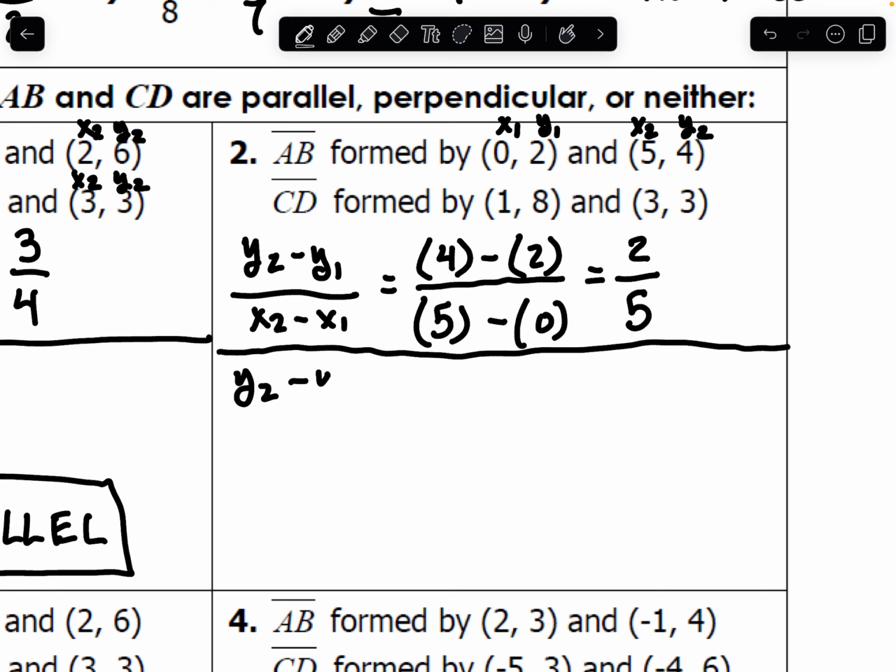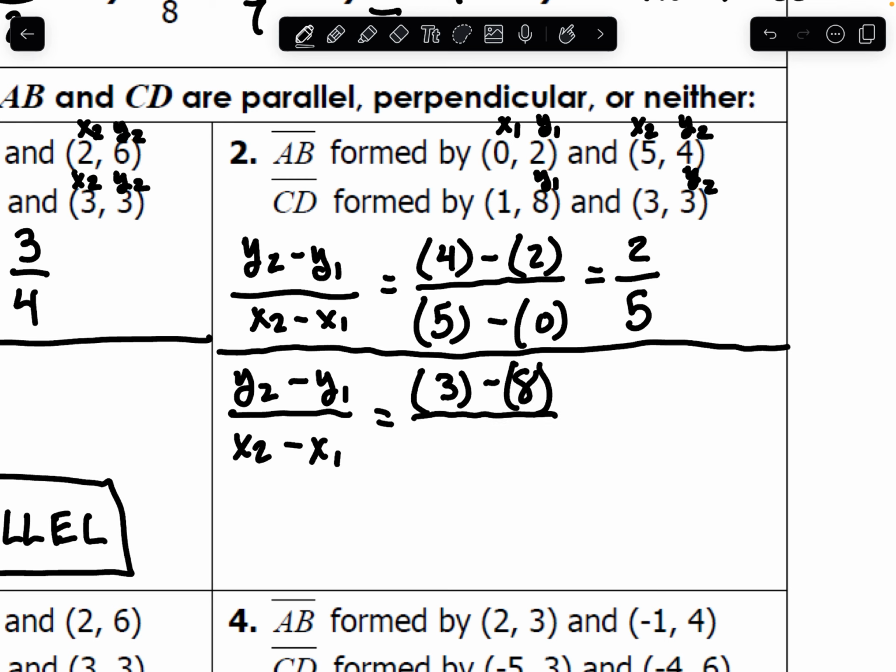We do the same thing for the second line, CD. If you want to write it again, you can, if that helps you. And we have y2 is 3 minus y1 is 8, x2 is 3 minus x1 is 1.